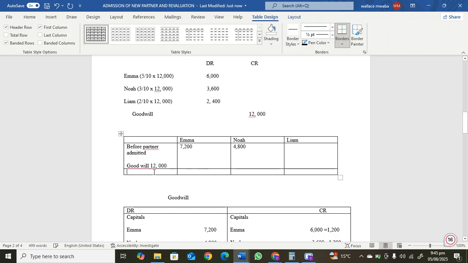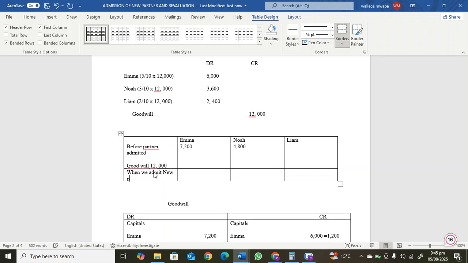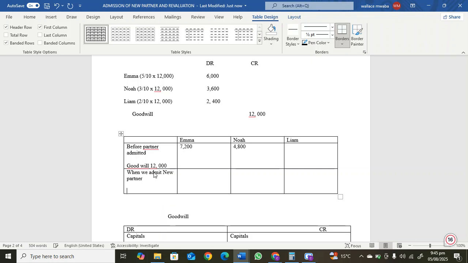Then, when we admit Leah, the new partner, same goodwill 12,000. Emma is entitled to 6,000. Noah 3,600.